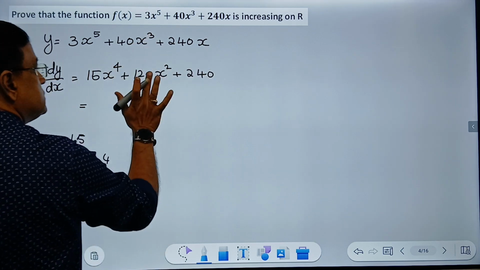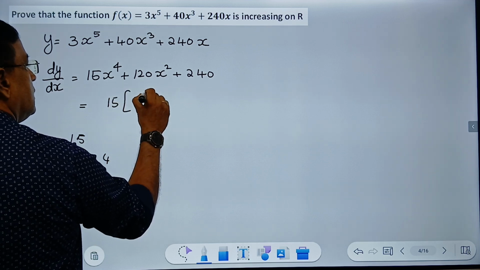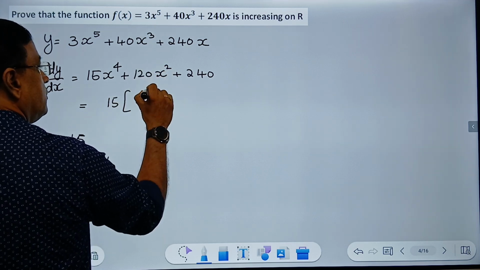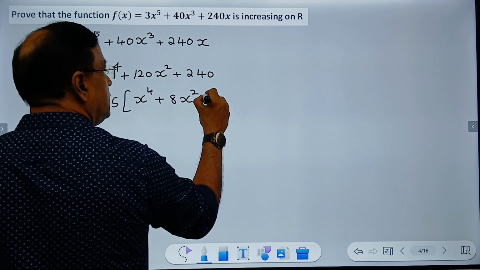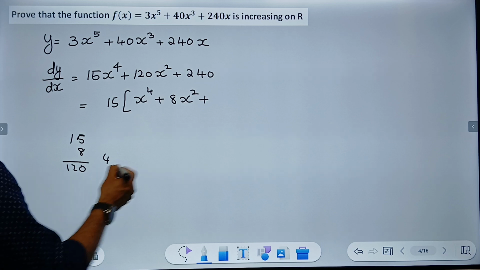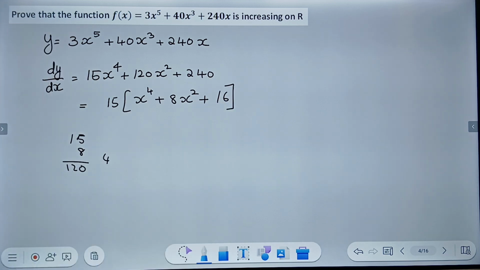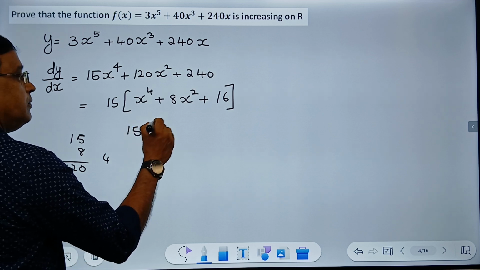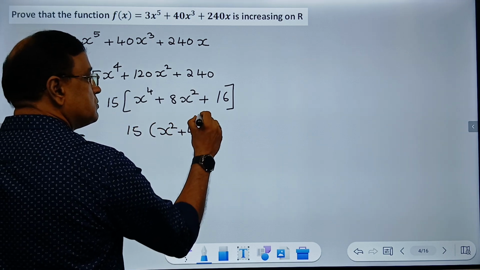I took 15 outside, so inside I get x power 4 plus 8x square plus, what is 240? 240 is 15 times 16. So this is nothing but 15 into (x square plus 4) the whole square.